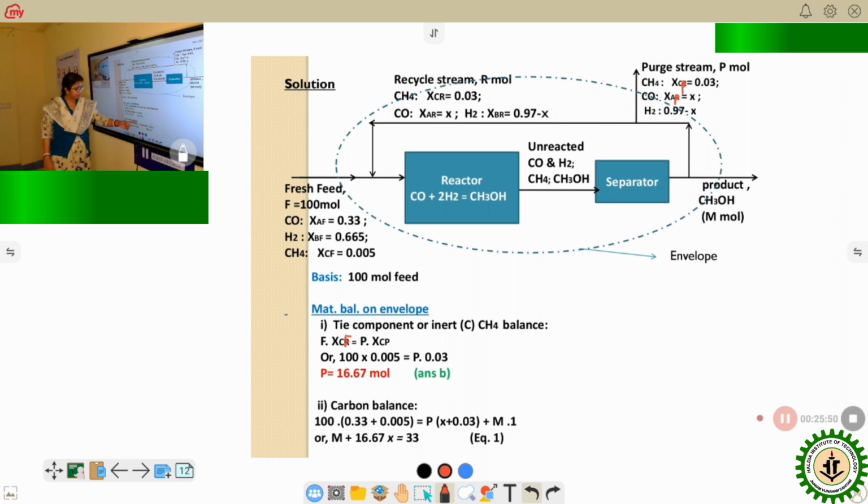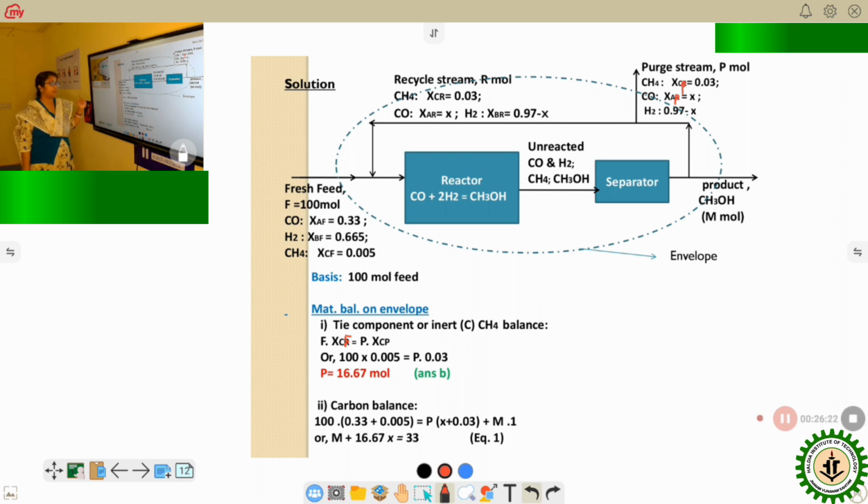So when we do the carbon balance, we can write: in 100 moles, carbon monoxide is present 100 into 0.33, plus 100 into 0.66, and for methane 100 into 0.005. These are the total moles of carbon monoxide and methane at the inlet.